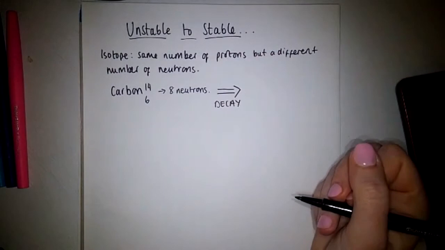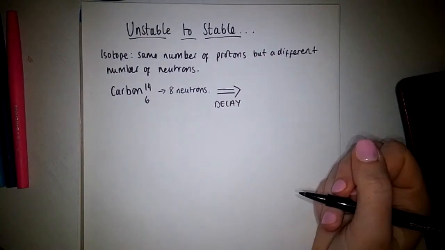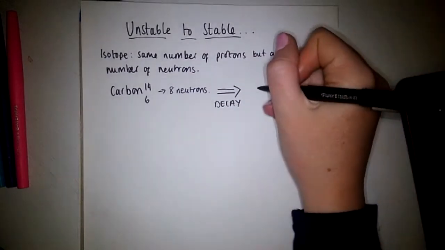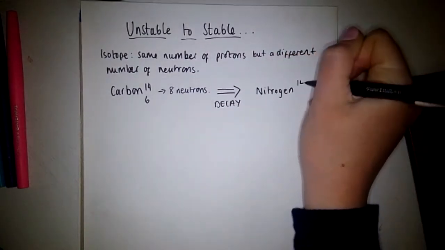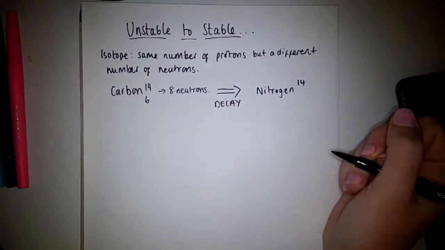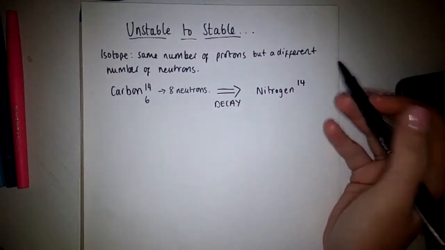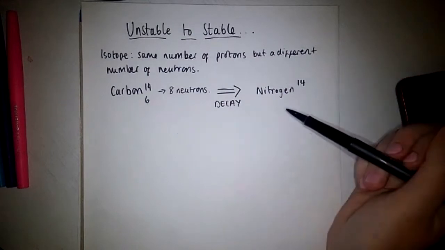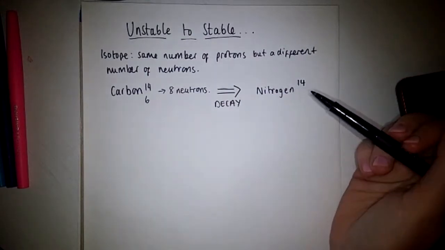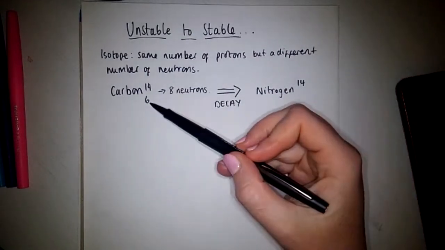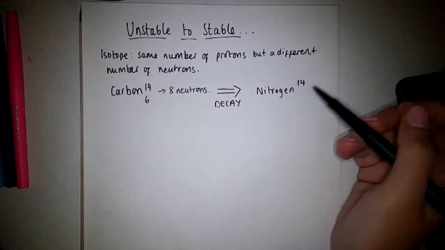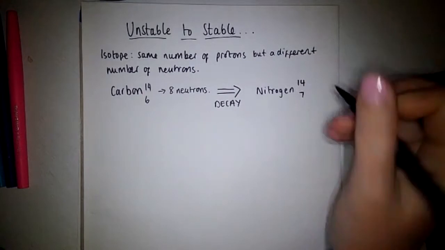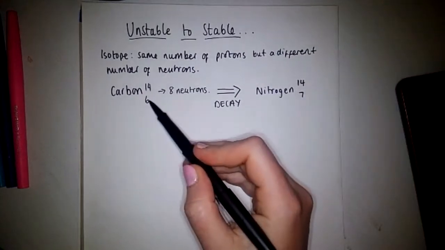And when it decays, it actually creates an atom of nitrogen 14. Now, if you look at a periodic table, you should know that you change the element by changing the proton number. Carbon has 6 protons, nitrogen has 7 protons. So we've actually gained a proton.